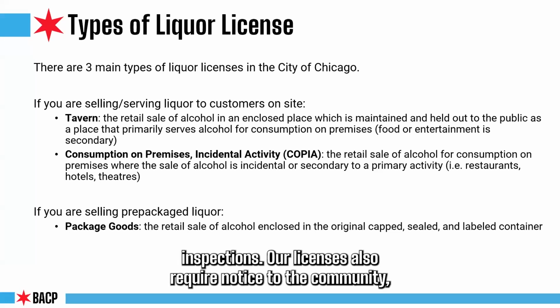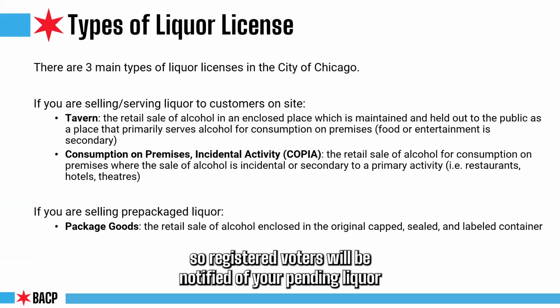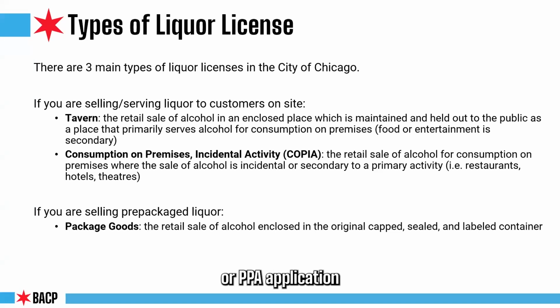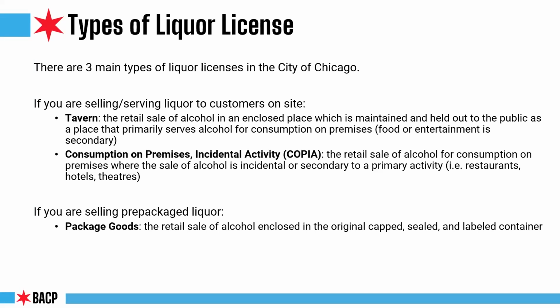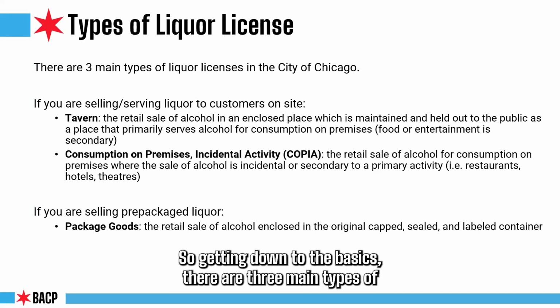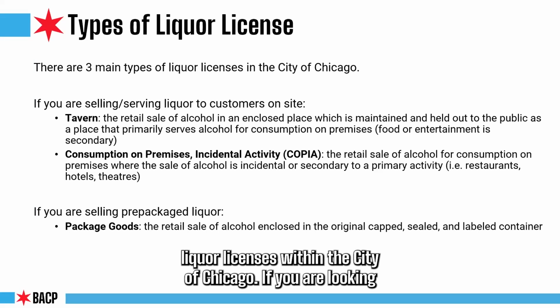We have on-site inspections. Our licenses also require notice to the community. So registered voters will be notified of your pending liquor or PPA application, as well as your local alderman and your local police commander.